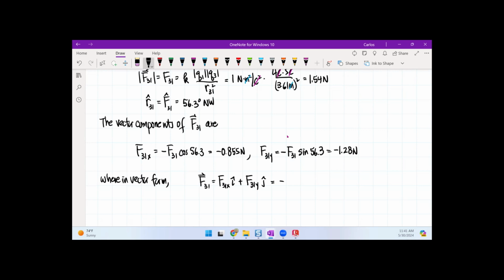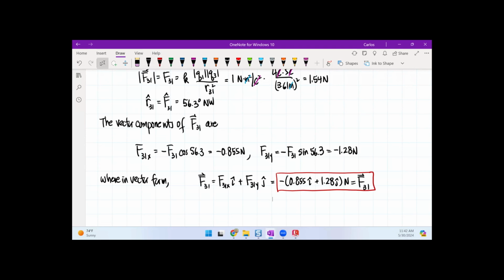So this will be minus 0.855 newtons i plus 1.28 j newtons. So this is my vector force F31. So now I can apply superposition.